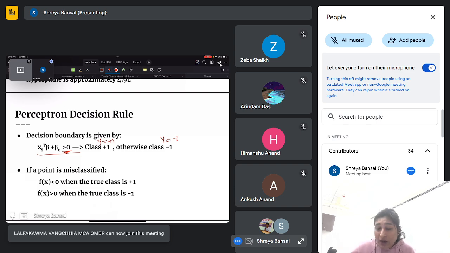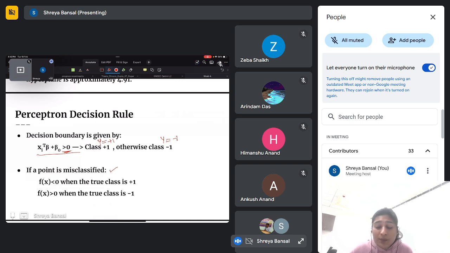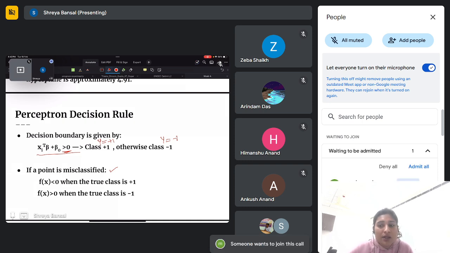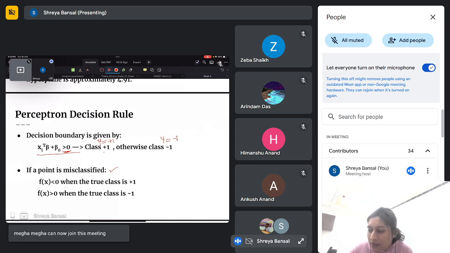Now the second point is when the point will be misclassified. How can you say the point is not classified? Because I wanted class 1, so it should be greater than 0, but it is not giving you greater than 0. That's why it is misclassified. That's why the opposite things are written here. Don't get confused here.